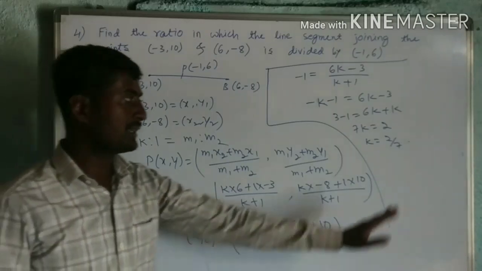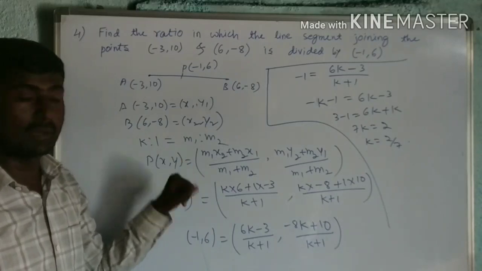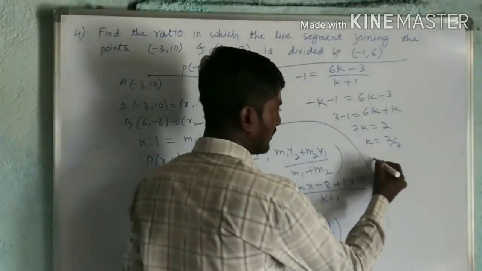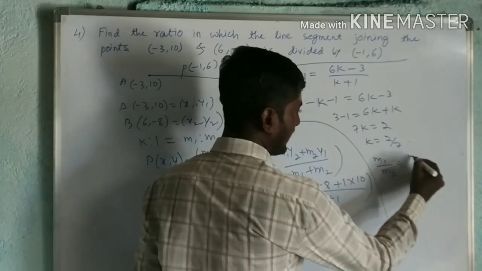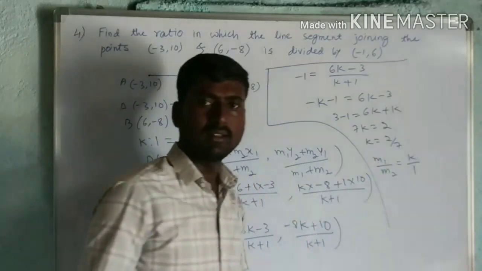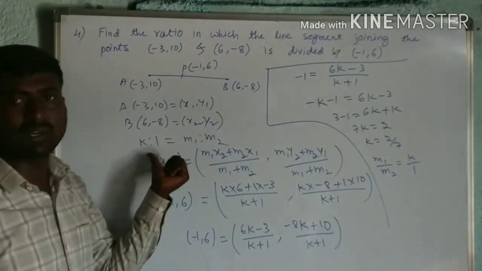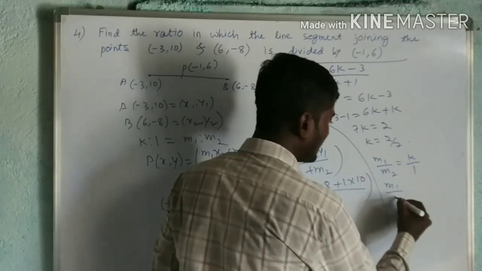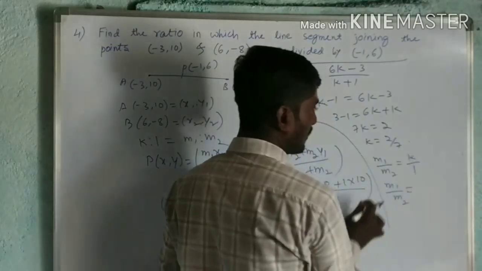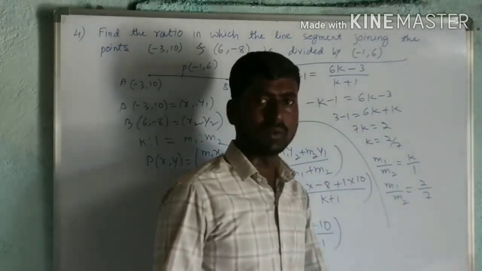But it doesn't mean that it stops here. I should write the ratio now. m1 is to m2 is nothing but m1 by m2, which is equal to k. Here I have taken it as k by 1. So m1 by m2 is k divided by 1, and the k value is 2 divided by 7. Dividing by 1, it is the same.